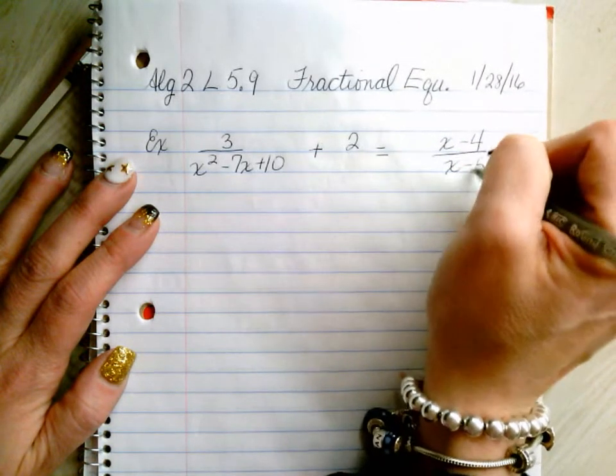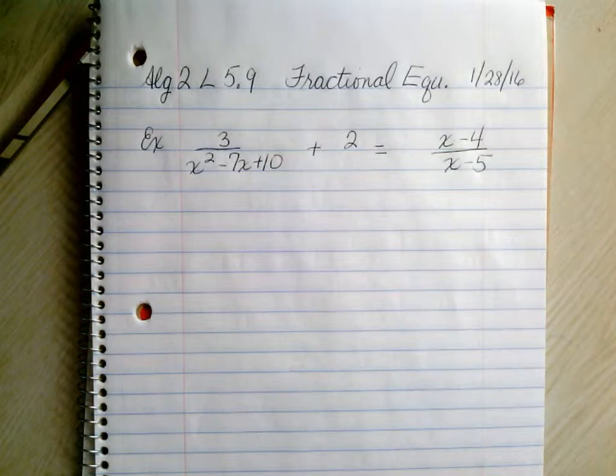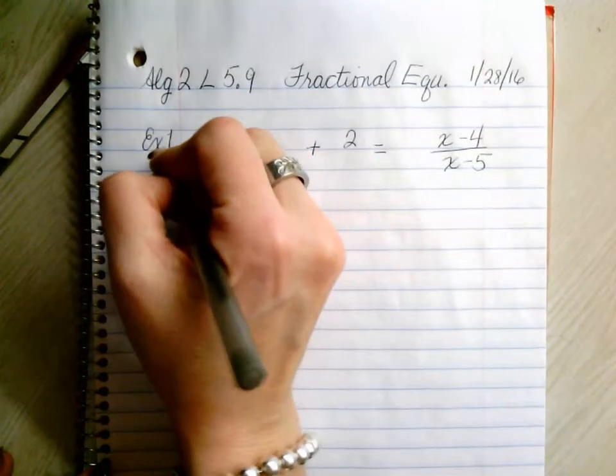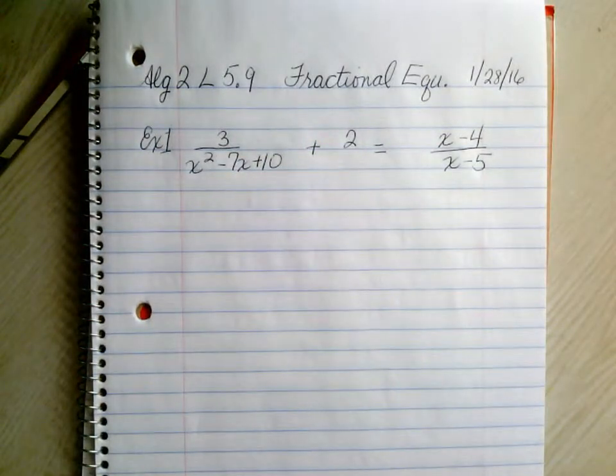Okay. I left my spaces because I'm pretty sure I'm going to have to deal with my lowest common denominator business. All right. So when you have a fractional equation, give yourself some room because you're going to have to treat it like a simple fraction equation. Okay?